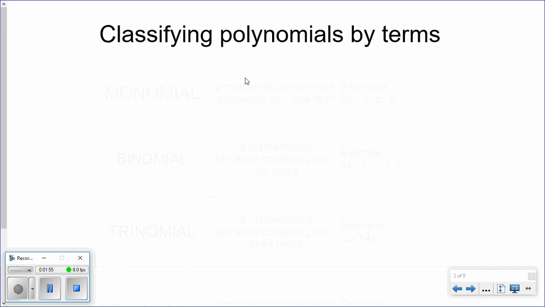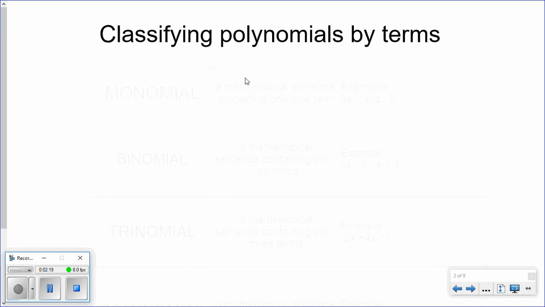So there are different types of polynomials based on how many terms they have, and they have different names. You will need to know what these classifications mean, because if they tell you something like solve the monomial, they're really talking about the polynomial, but they just have a specific name.